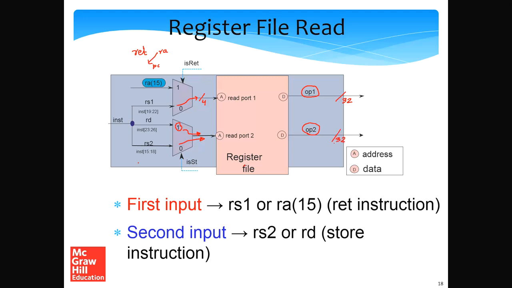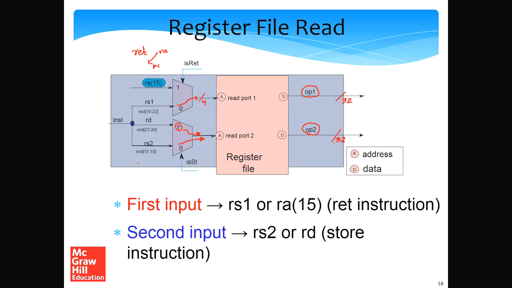To summarize, in this slide we are showing the circuit for reading the register file. We needed to add two multiplexers to the left of the register file to take some special cases into account. For read port 1, we took into account the fact that the ret instruction reads the return address register. So we need to choose between the return address register and the first register source RS1.